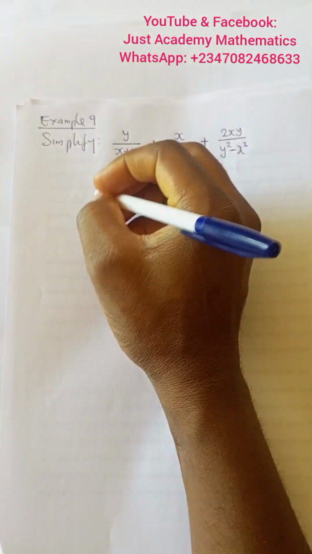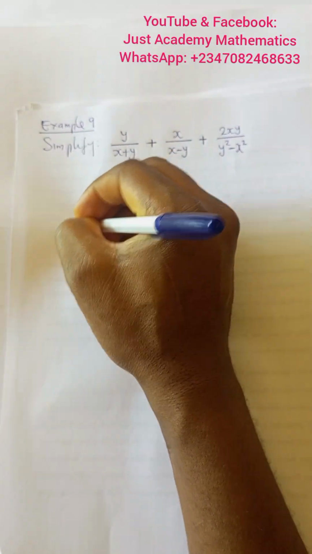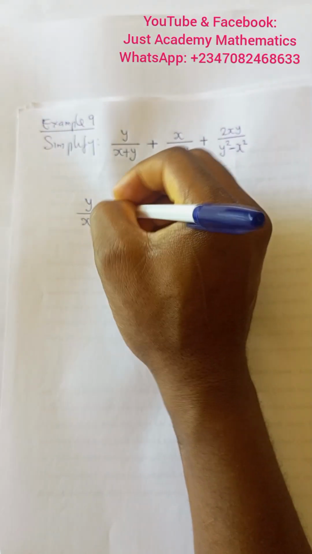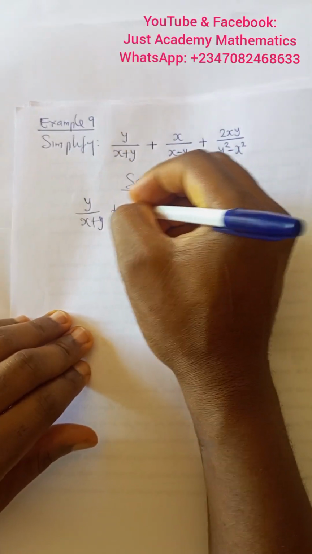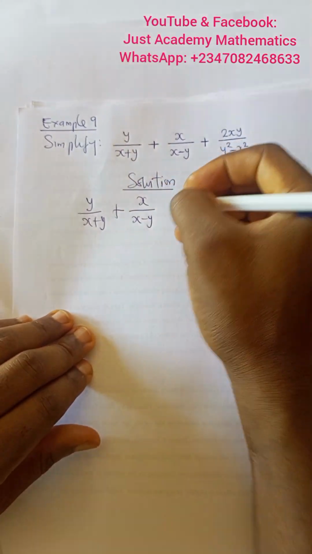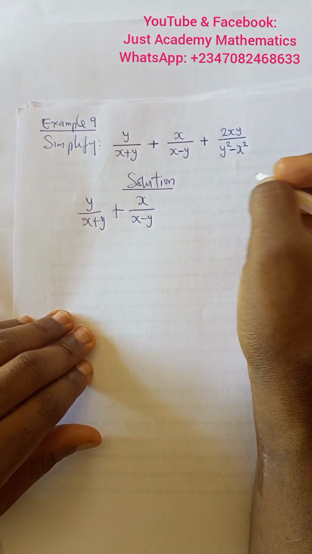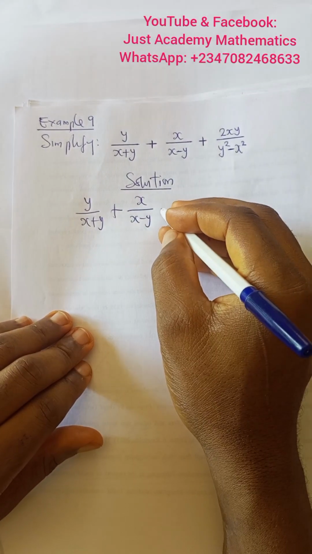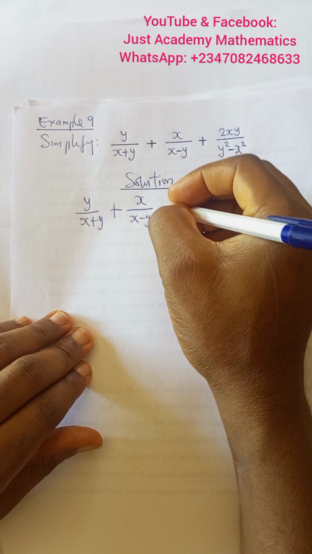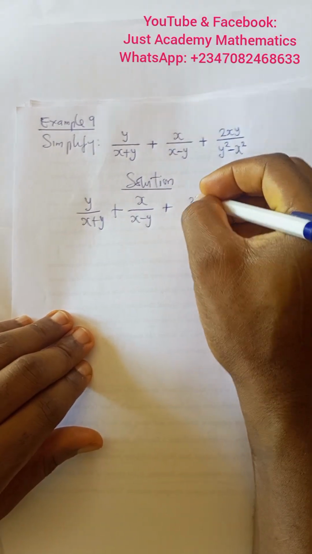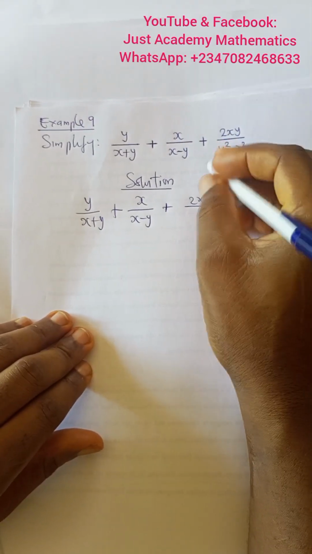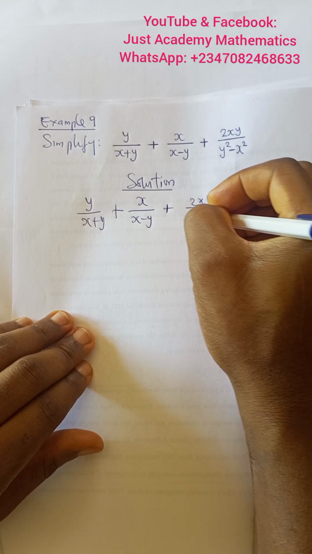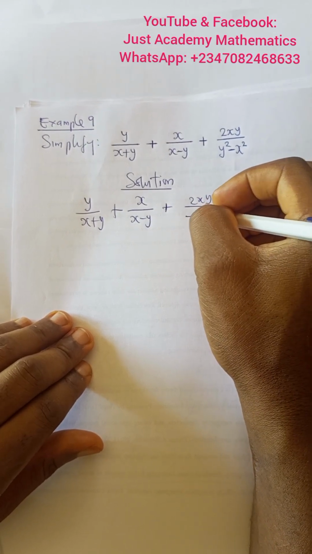Now watch. So I will say that y over x plus y plus yx over x minus y. Now watch this now. The minus is coming here because of this, but let me show you why. 2x over y, then rewrite this as minus x squared minus y plus y squared.